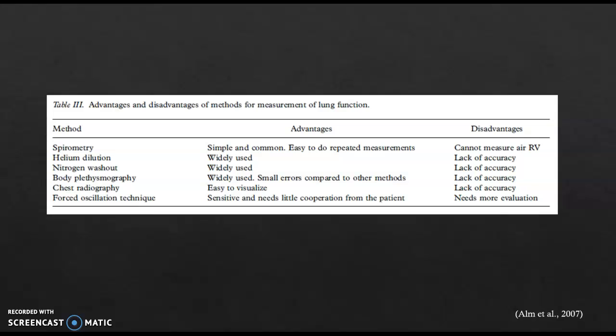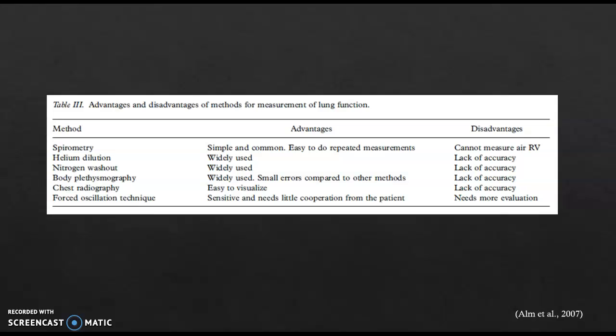So there are several different ways that you can measure lung function, and there are advantages and disadvantages to both. In this particular review, they quickly went through some of the advantages and disadvantages of 6 of the more common methods.